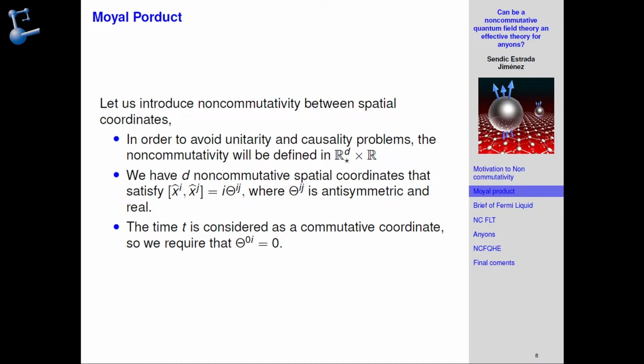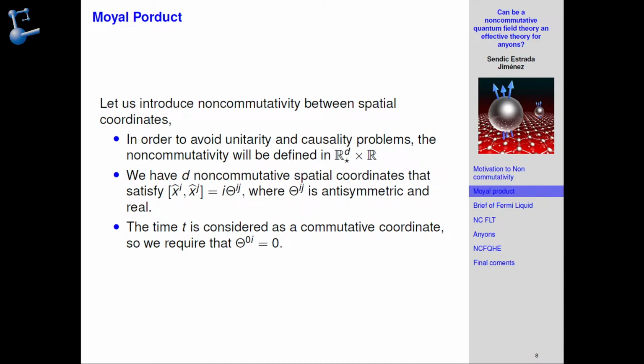I think that non-commutativity can be used as an effective theory to show the non-punctual nature of matter. The particles are not really punctual, and this has an effect on the interactions.